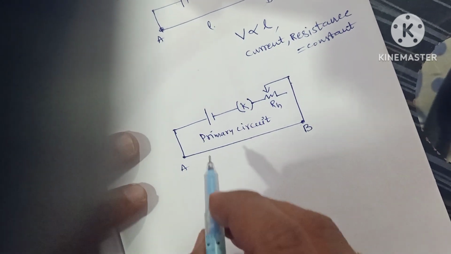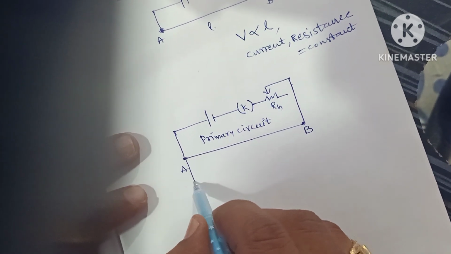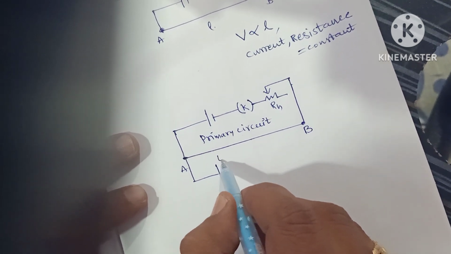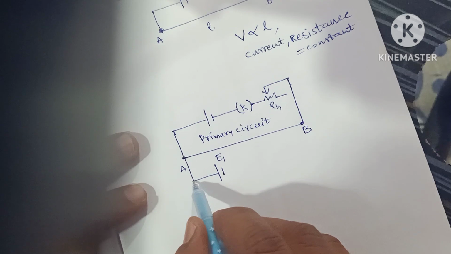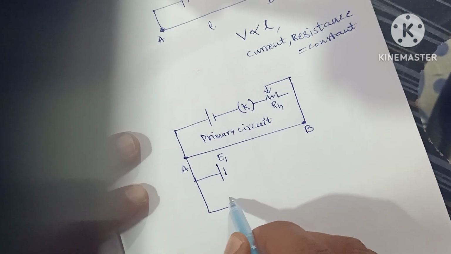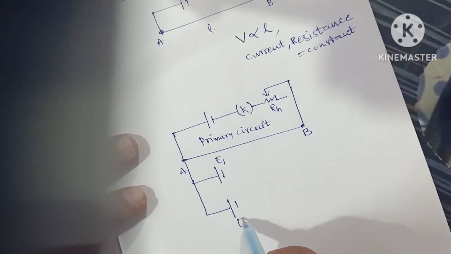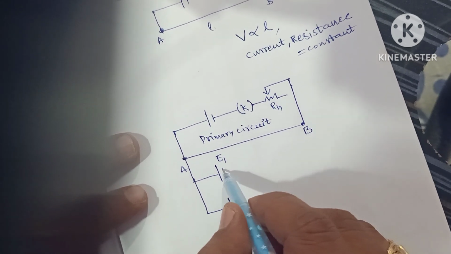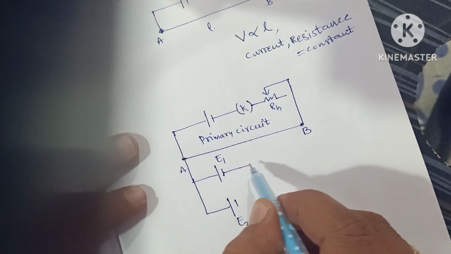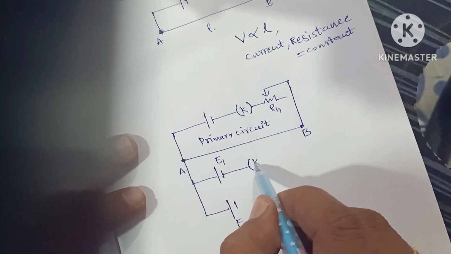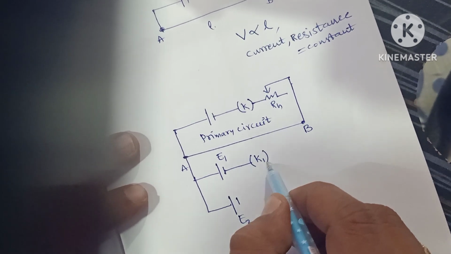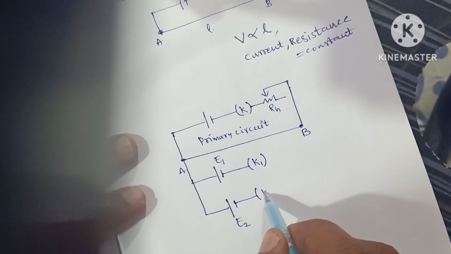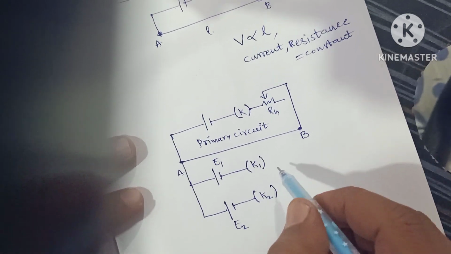Now in the secondary circuit, this A is connected to a battery of EMF E1 and another battery of EMF E2. These two batteries' EMFs we need to compare. Now the negative terminal of this battery is connected to a plug key K1, and the negative terminal of this battery is connected to a plug key K2.